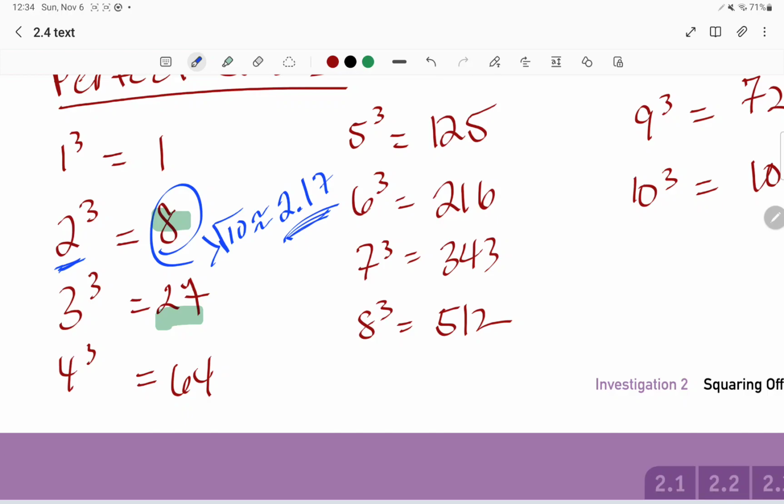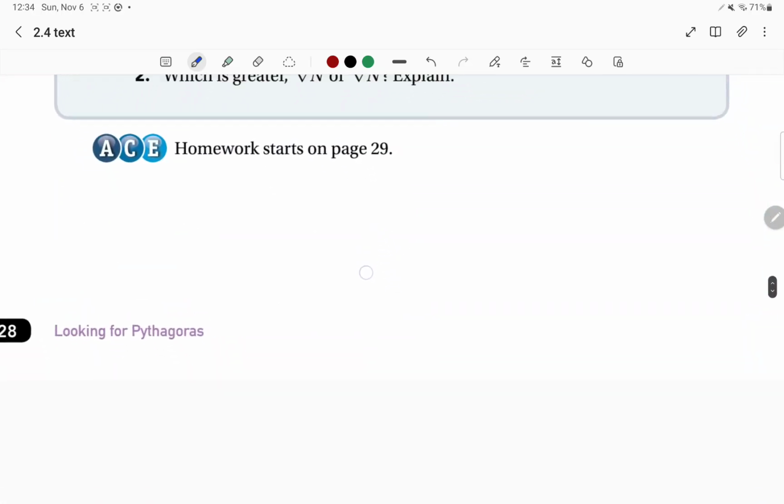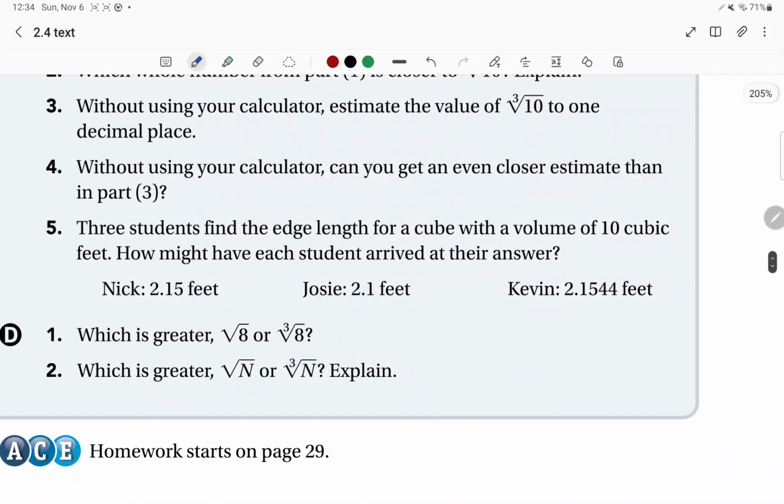That was my guess. And number 5, 3 students find the edge length. So let's look at it. 3 students find the edge length for a cube with a volume of 10 cubic feet. So that's the volume of a cube. How might each student have arrived at their answer?